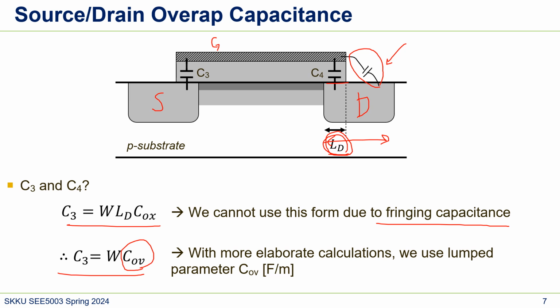So let's just ignore LD and COX, because there are a bunch of other fringing capacitors. Let's just lump everything into this COV. That's good for us, right? We have to care about less.